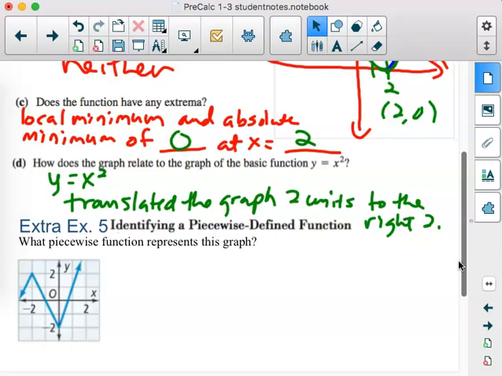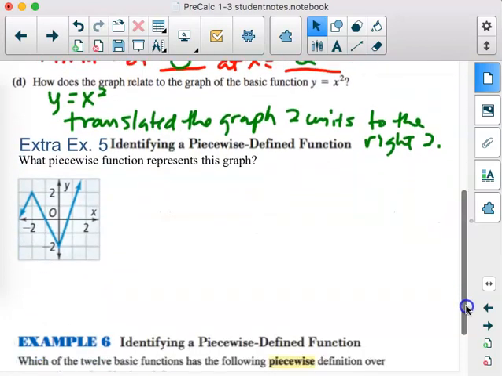If you use translated, that helps the person scoring your paper to say, this person really knows what they're doing. They're even using the correct vocabulary as they talk me through what's going on. So we definitely want to use that correct vocabulary as we go through things this year. Now this one's interesting.